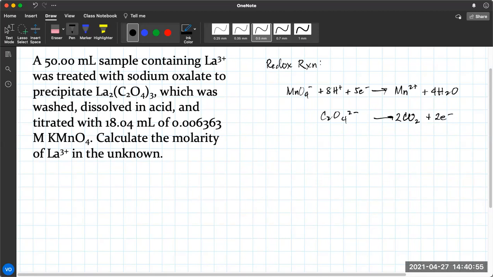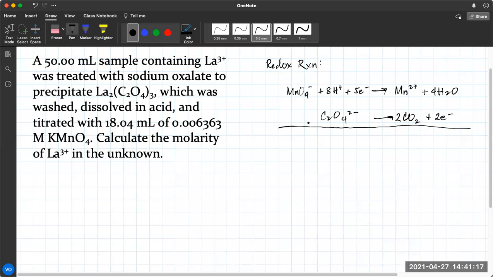Now, there are 2 approaches to this problem. What we can do is to add these 2 reactions in order to determine the overall balanced equation.